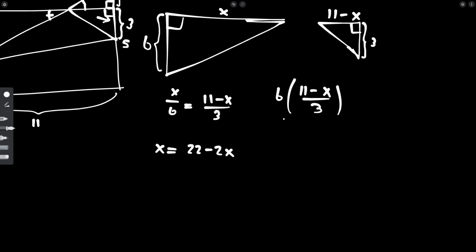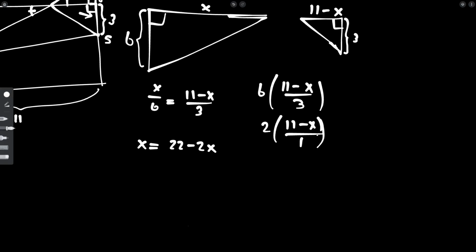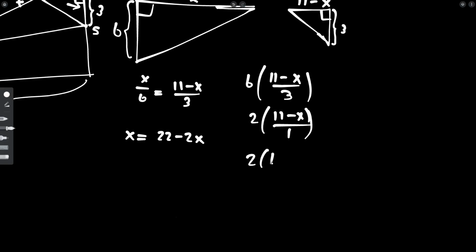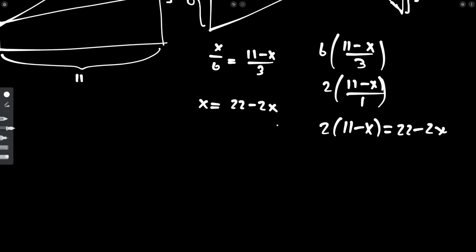This 6 over 3 becomes 2 over 1. And because this denominator of 1 will go away, we have 2 times 11 minus x, which gives us 22 minus 2x. Now here, we can add 2x on both sides, which gives us 3x equals 22.